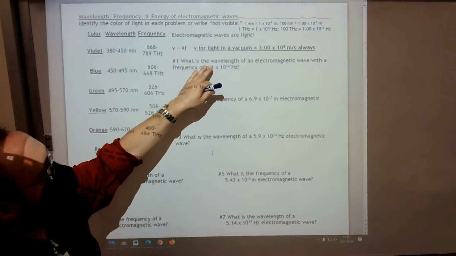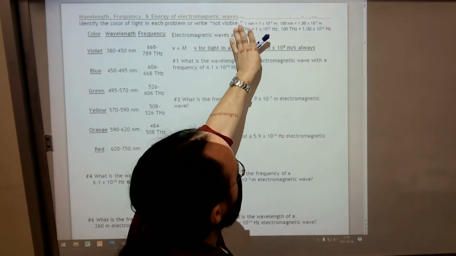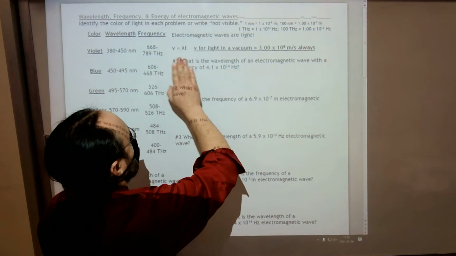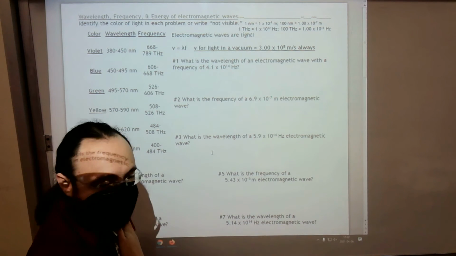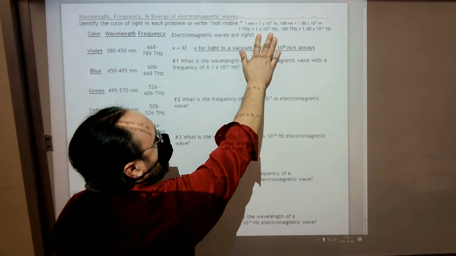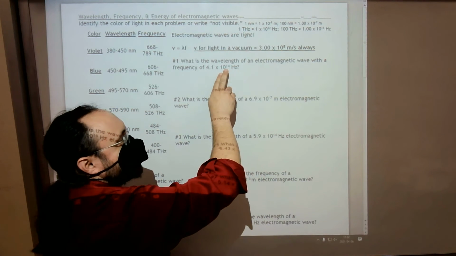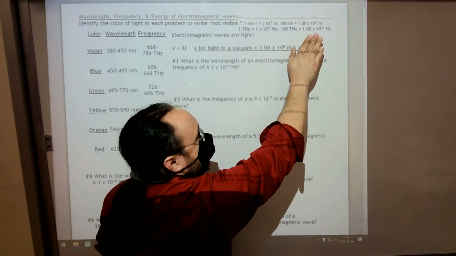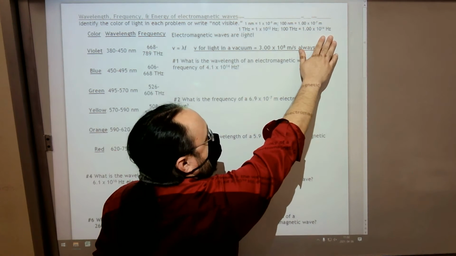So the way to figure this out, in your instructions I gave you these little equivalencies here. So it tells you to get this hertz and terahertz, bless you, 1 terahertz is 1 times 10 to the 12 hertz. That doesn't really help us because ours is 10 to the 14. But it tells us 100 terahertz is 1 times 10 to the 14 hertz.